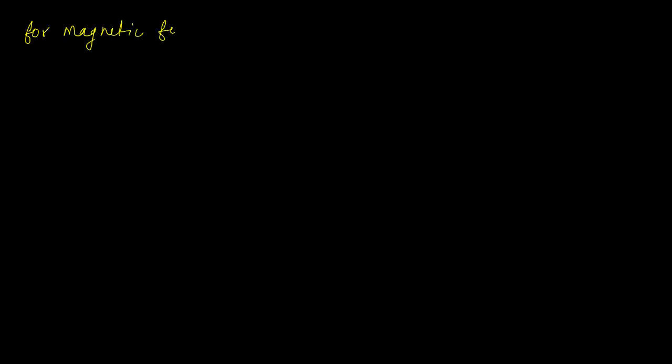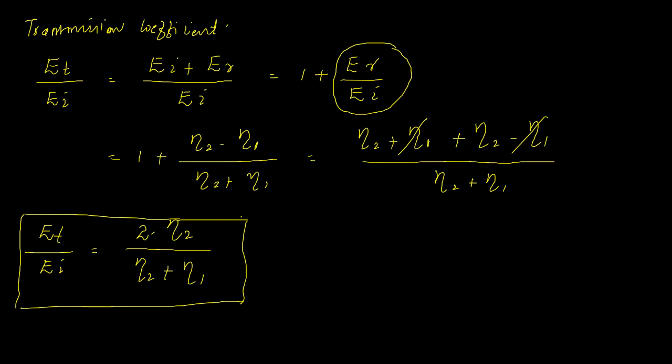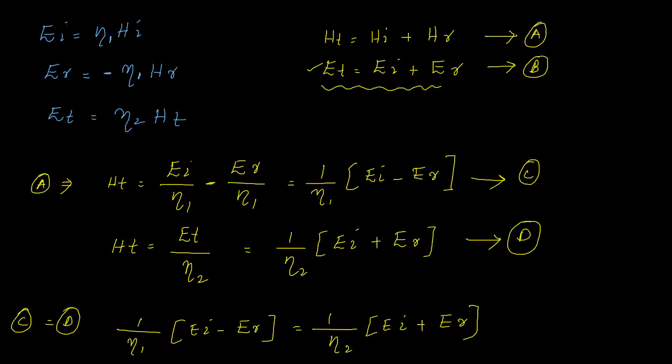For the magnetic field, HR by HI, where HI is the incident magnetic field and HR is the reflected magnetic field. So what is HR? HR is minus ER upon eta 1.